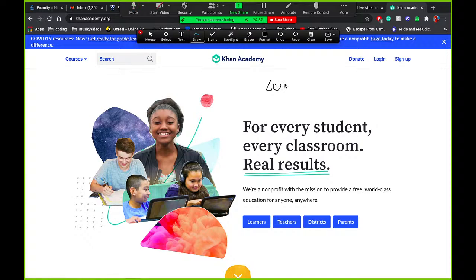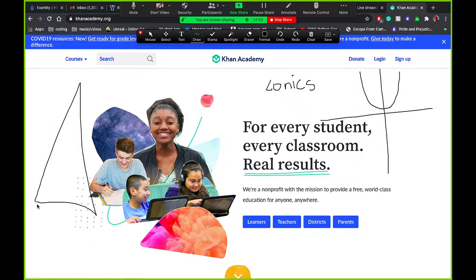Remember those? It's where you had parabolas and stuff, and the cone image where a plane was intersecting the cone, and that was the parabola.